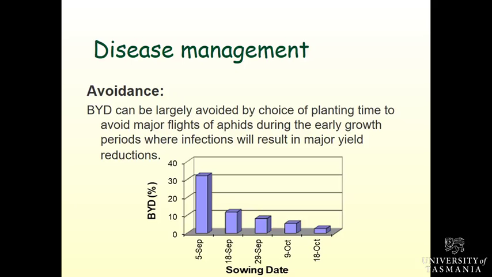So early spring, you catch a flight of aphids that are coming in, carrying the virus into very young plants, and you get a big hit of virus. Plant a bit later, and that aphid population's crashed down, and there's less flying around, and you end up with plants that have relatively little virus, just by altering planting date.